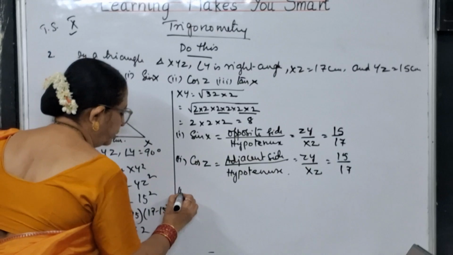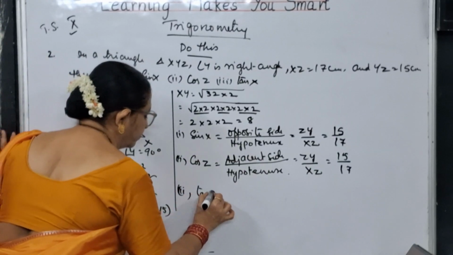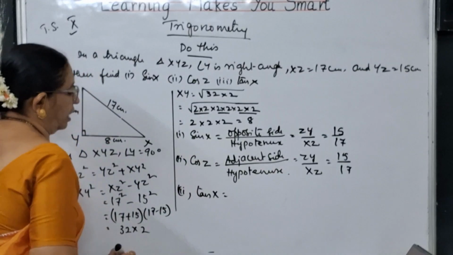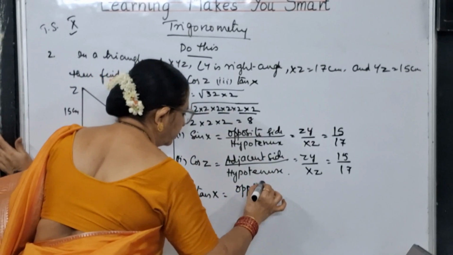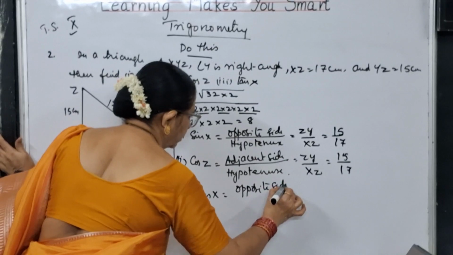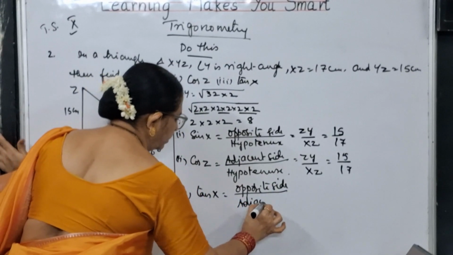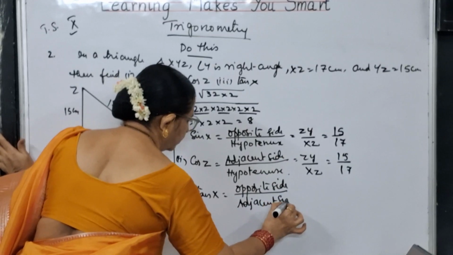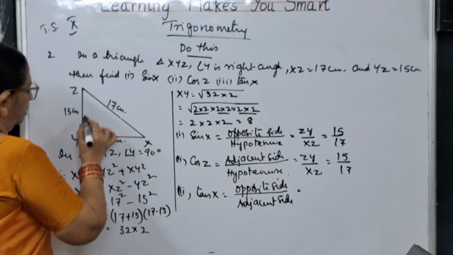And the third bit, what is that they are asking? Tan x. So tan theta is nothing but opposite side by adjacent side. So what is the opposite side for x?